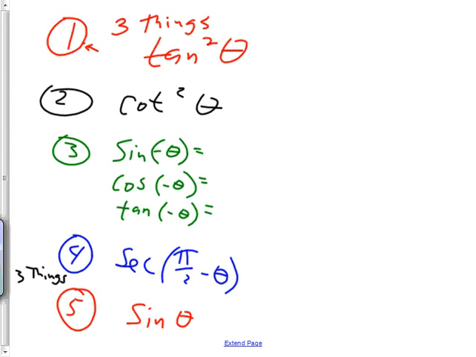All right, so how many of you think you found 3 things you could put in for sine? Ooh, there's a bunch, yeah. Good. And if you don't, then you'll be at a 4.5, which wouldn't be that bad.